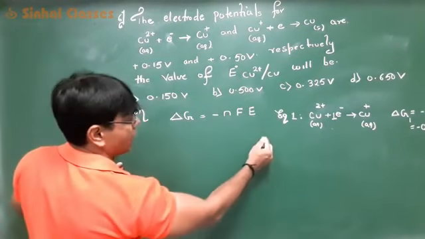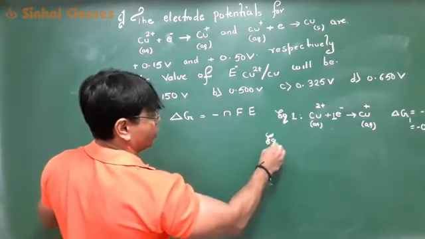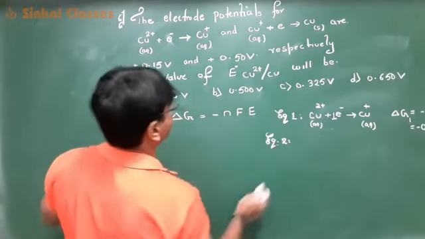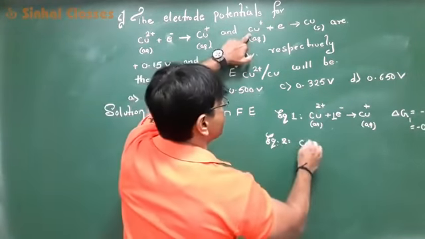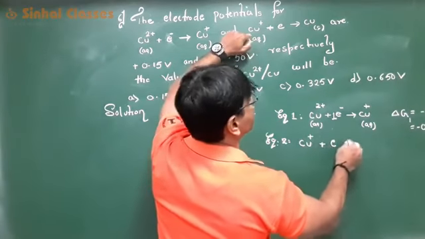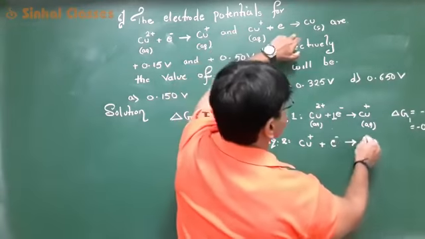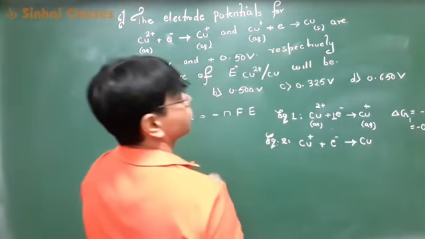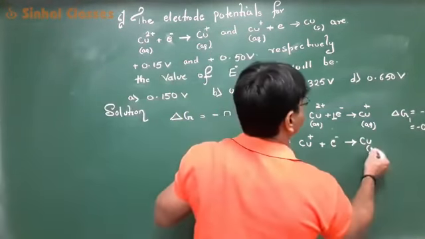Now equation number 2 is Cu+ plus an electron giving you Cu, that is solid.